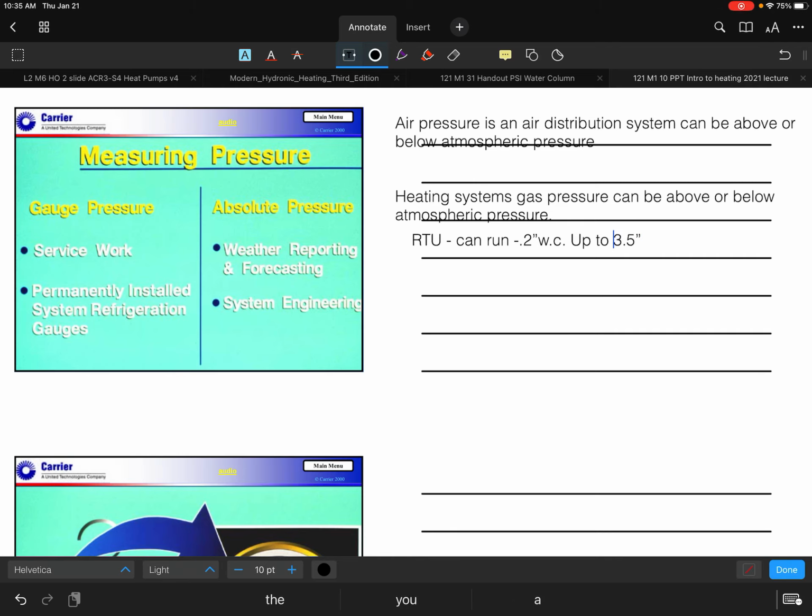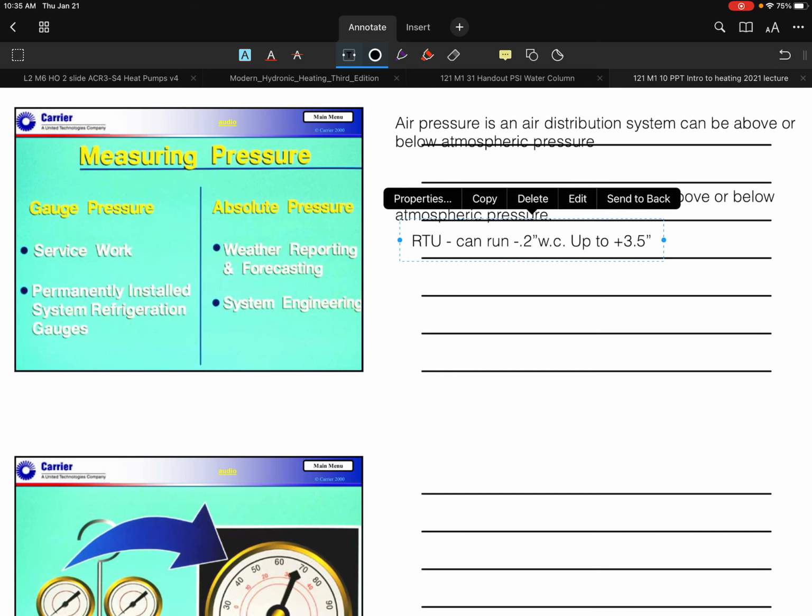So we have ranges, and that's for manifold pressures and those types of things. There's a lot of variation there. So that's kind of the one thing.